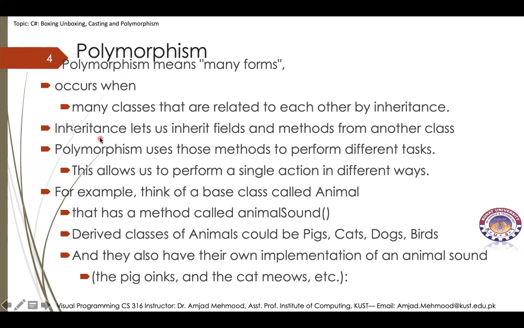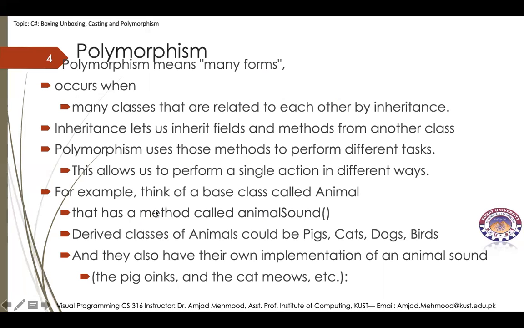So this is what is written here. Inheritance lets us inherit fields and methods from another class. Polymorphism uses those methods to perform different tasks. This allows us to perform a single action in different ways.